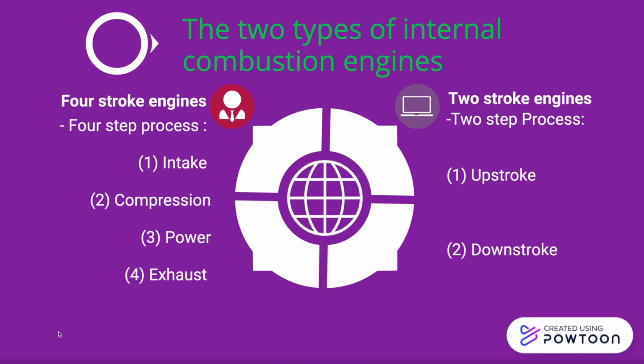Upstroke is very, very similar to the intake within the 4-stroke engine. The upstroke is when the fuel air is sucked into the cylinder and the piston starts to move up, pressuring the fuel air, and then it allows a spark to happen at the end. And this is basically the same thing that's happening in the first 3 steps of the 4-stroke engine.